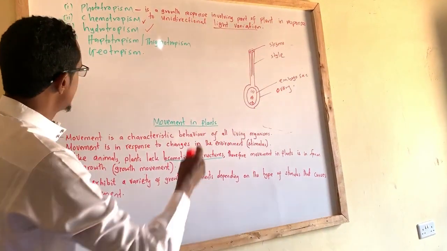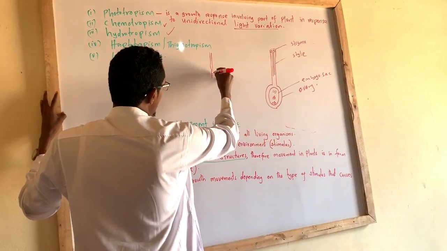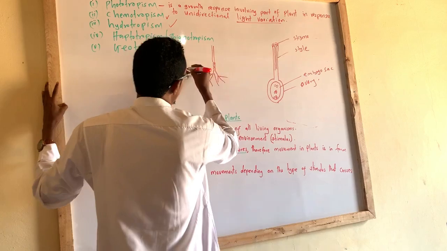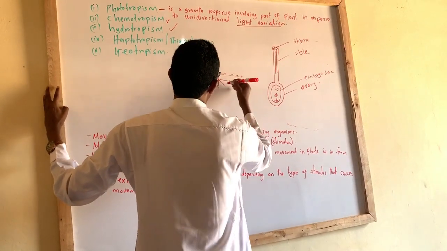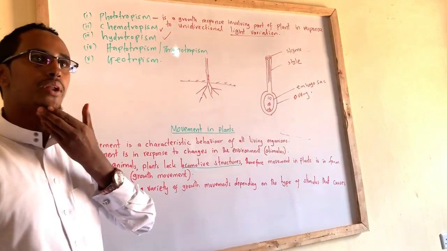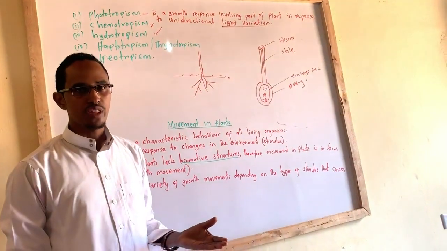This is seen in the roots of a plant, because we all know that roots are at the ground level. The primary role of roots is to absorb water and mineral salts for the plant.